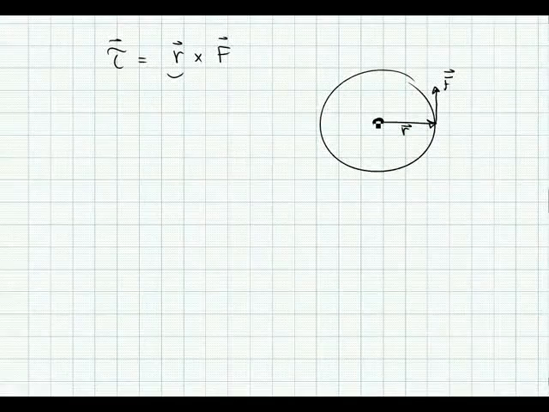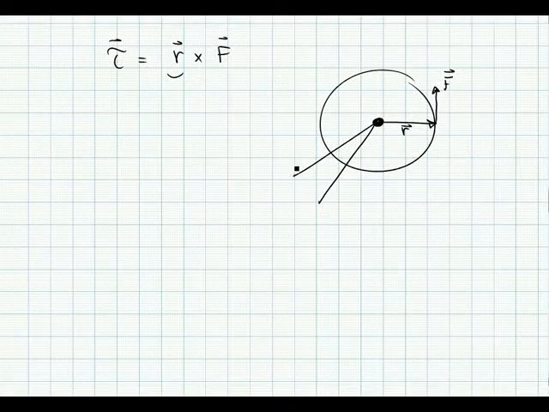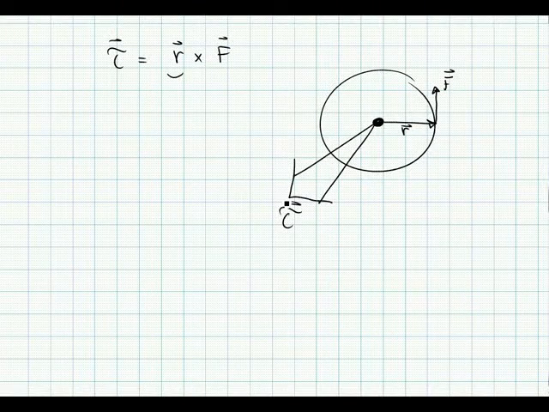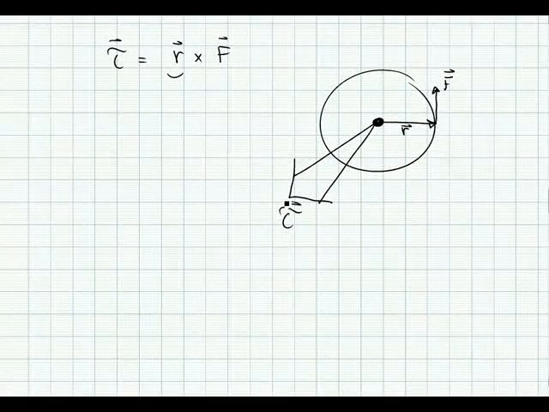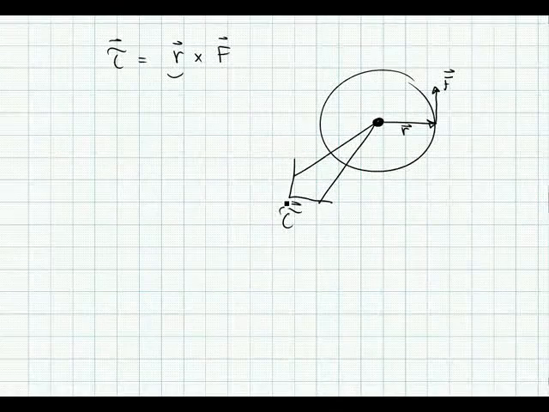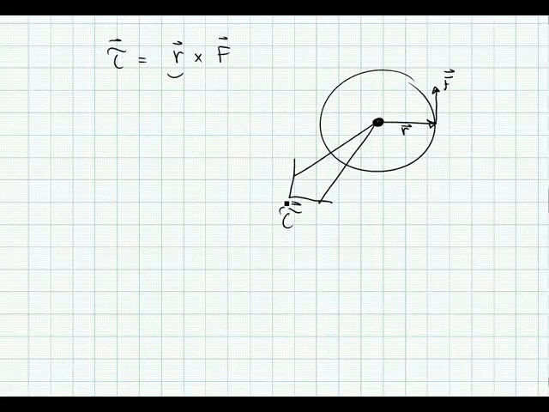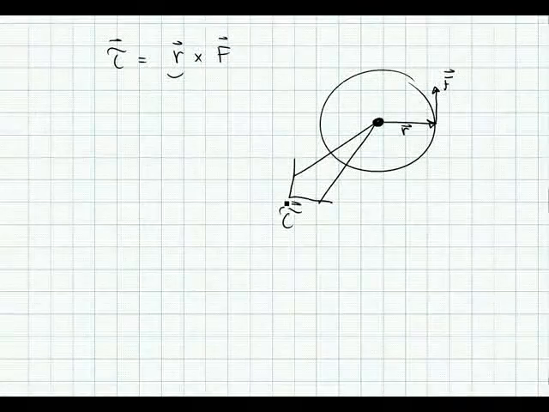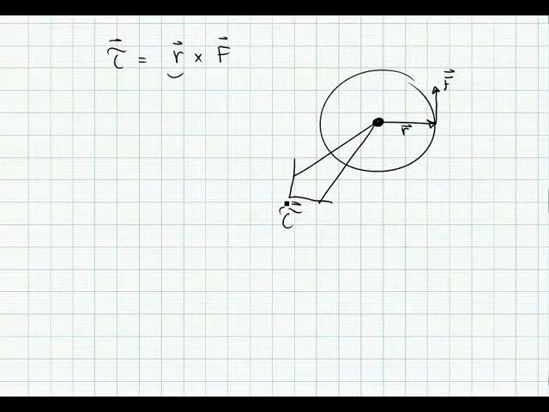The best way I can represent this is by showing it with an arrow like this, out of the page. So the direction of torque is orthogonal, perpendicular to both r and F. The cross product of two vectors is always perpendicular to either vector. This is perpendicular to the plane in which the two vectors lie.